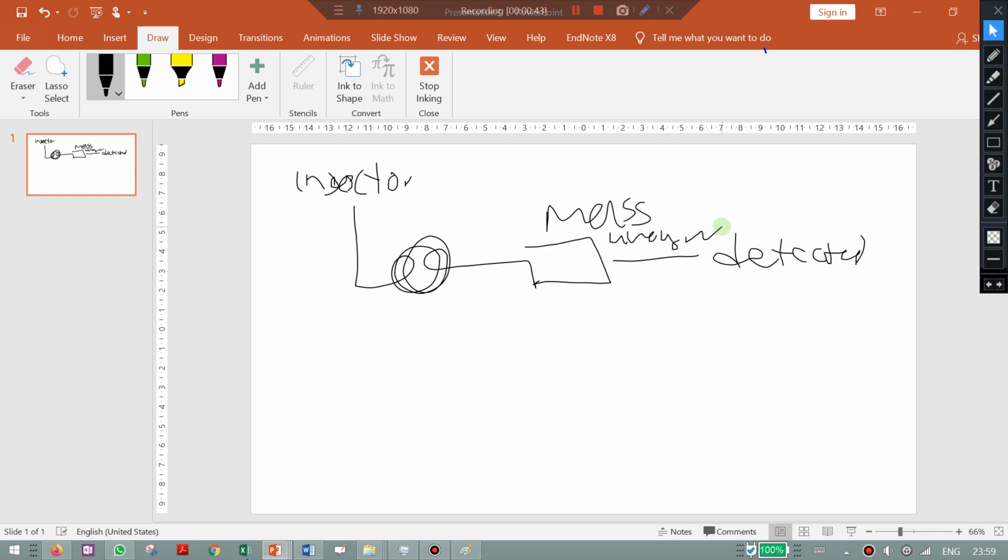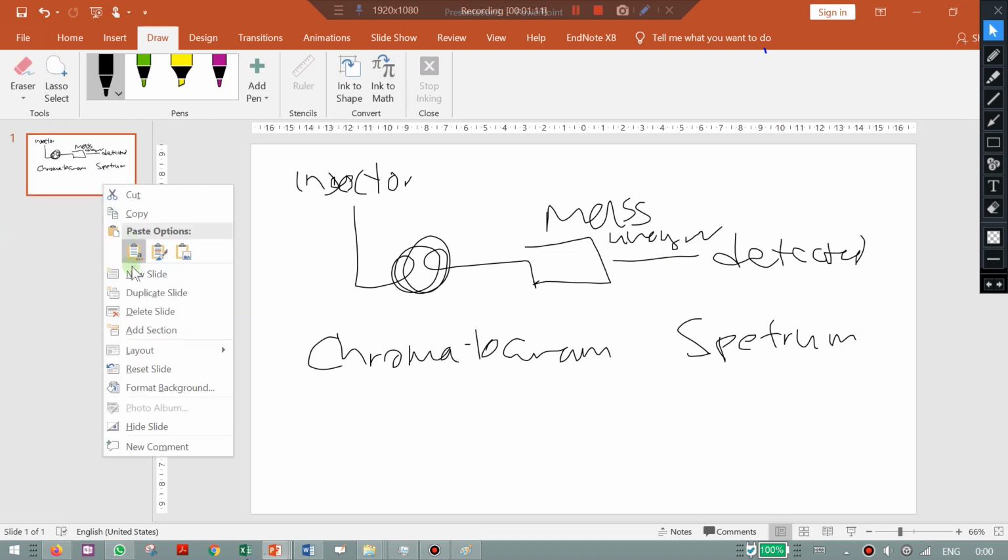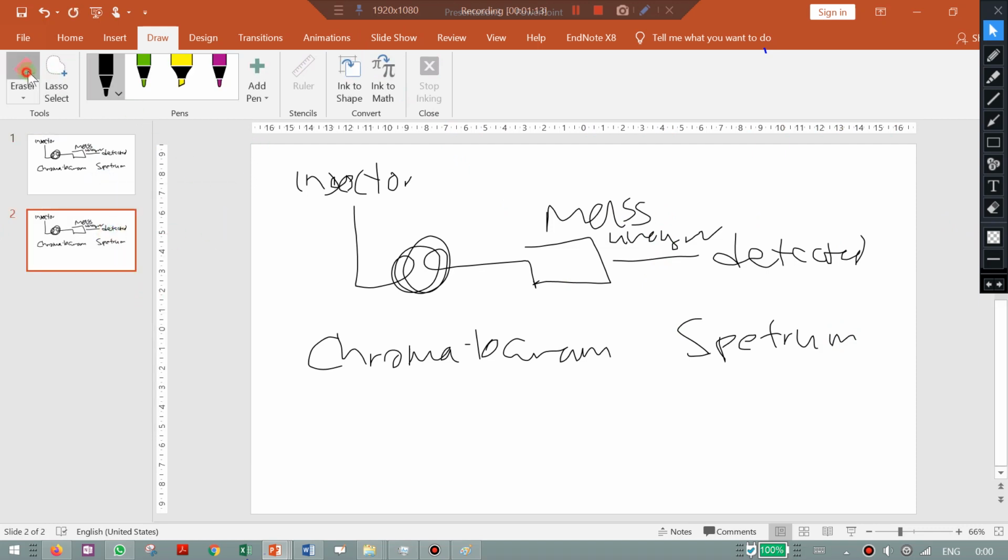Basically, you will obtain two kinds of information. The first one you will obtain is the chromatogram. The second one you will obtain is the spectrum.